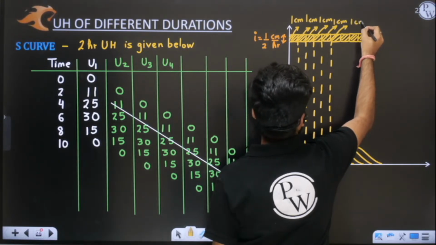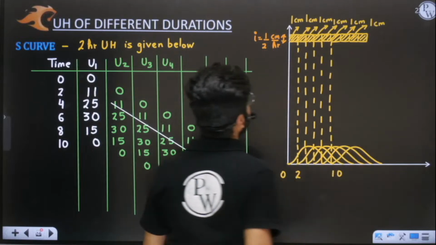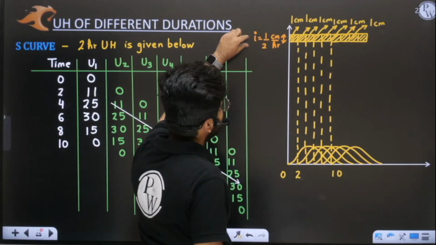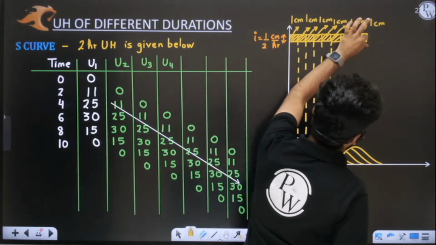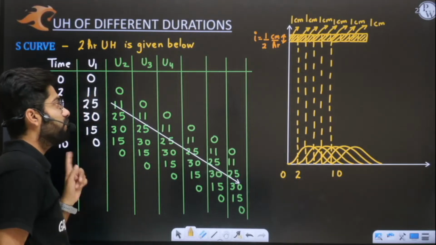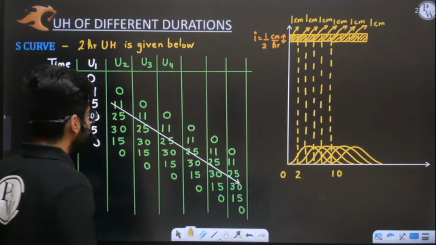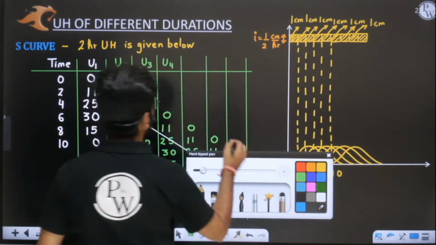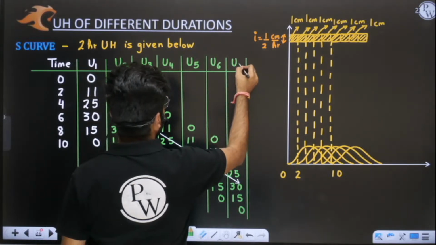So this rainfall excess intensity is constant, and we have to make sure that rainfall is happening again and again. If rainfall happens again and again, I will get these different unit hydrographs which will be lagged again and again by 2 hours, and so on and so forth.